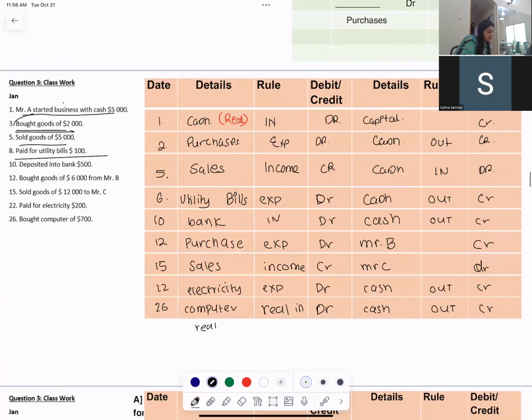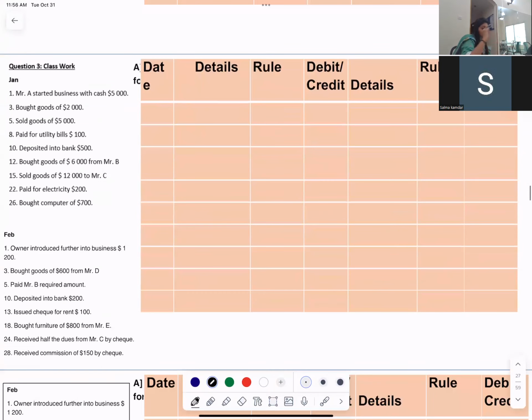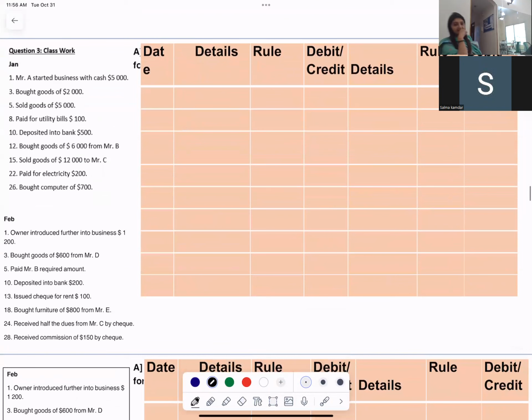So we are done with this one. Let's go to the next one. Do the transactions of February. Jan is done. First, two accounts involved. Then capital is always credit, so cash will be debit.